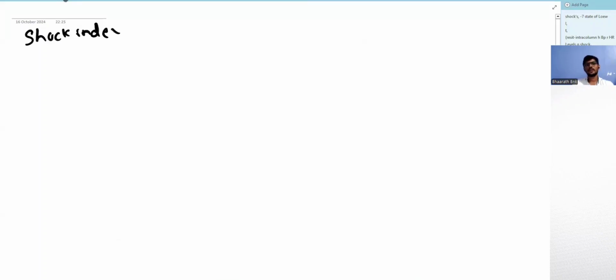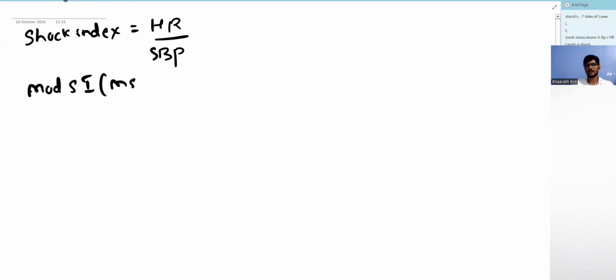So that is why they developed something called the shock index. The shock index is a little better indicator compared to heart rate and blood pressure alone. Shock index is basically heart rate divided by the blood pressure. But this used to take only the systolic blood pressure into consideration. That is why we have the modified shock index, called MSI.